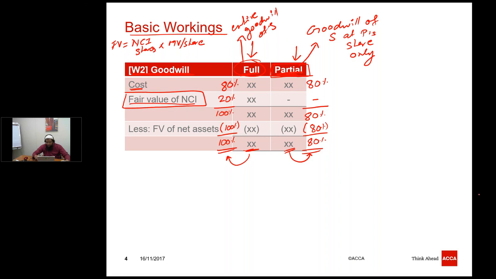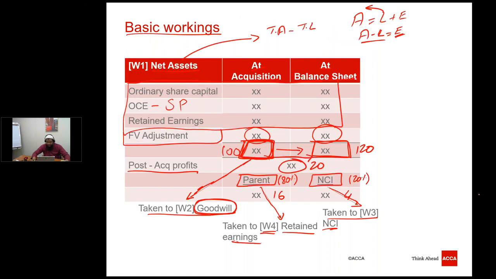Smita wants a screenshot of the previous slide. Here you go, Smita. Simran, 80% is the, just a second.